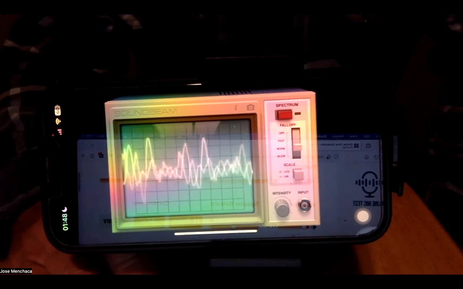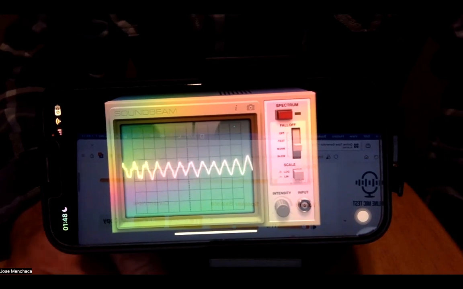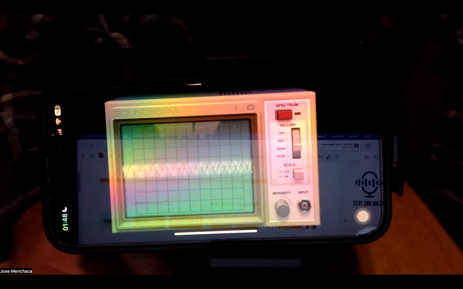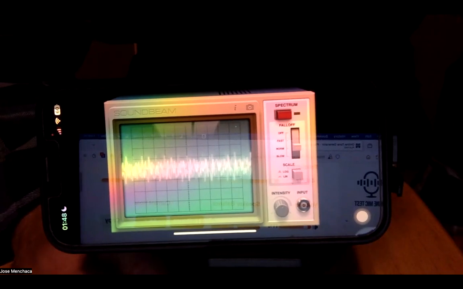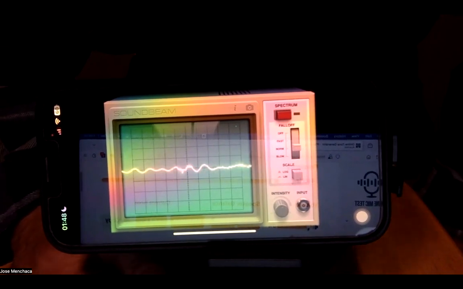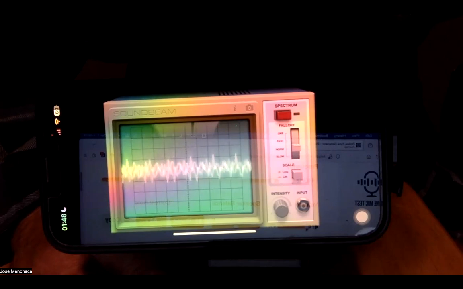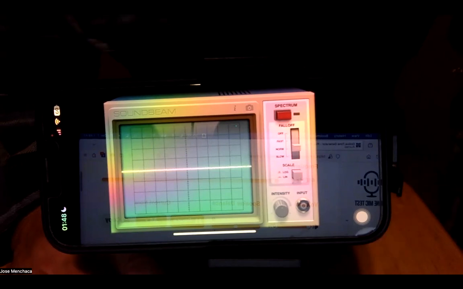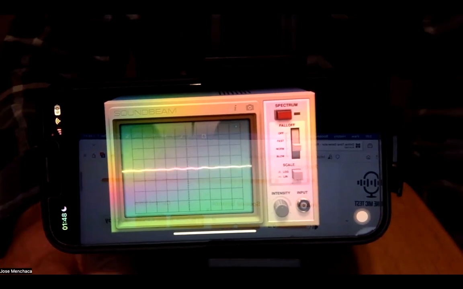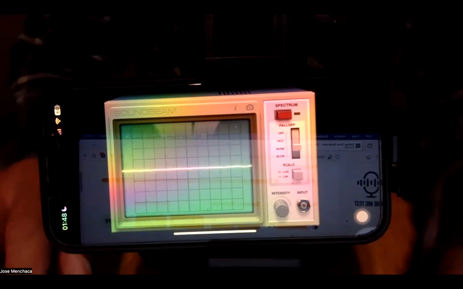Okay, they don't look very good on the scope. Let's go back to square. No, it doesn't really work that well.